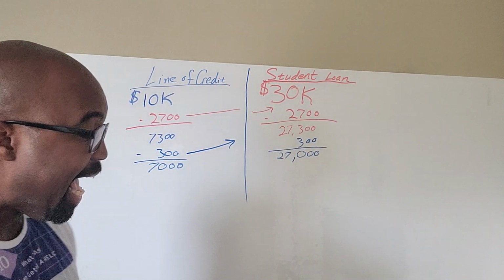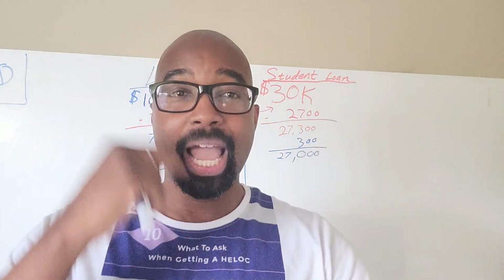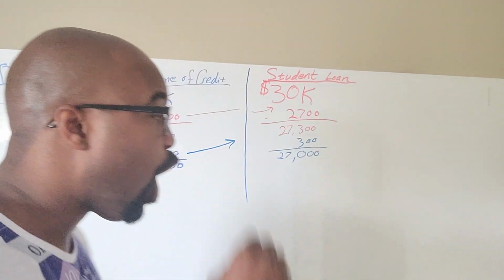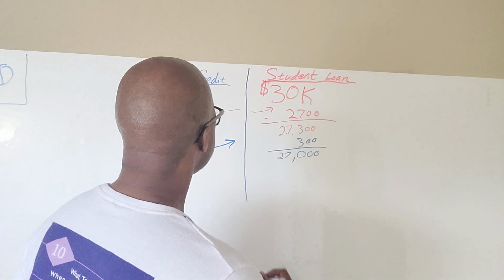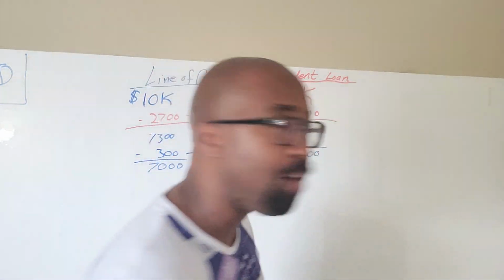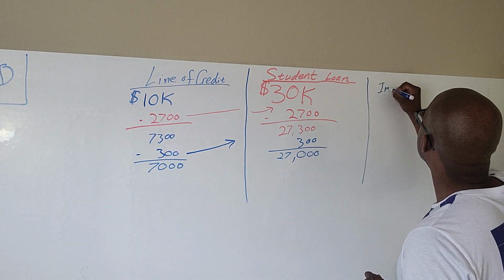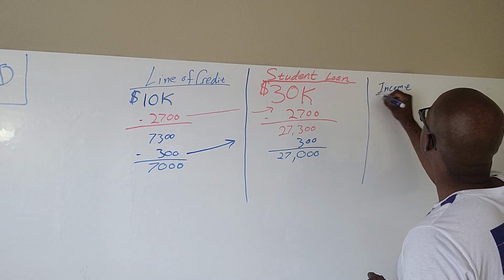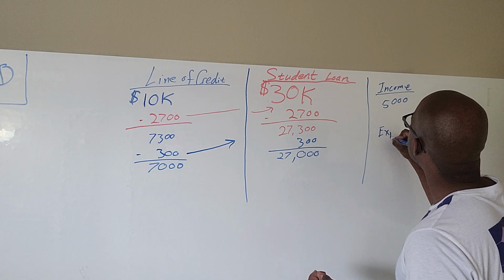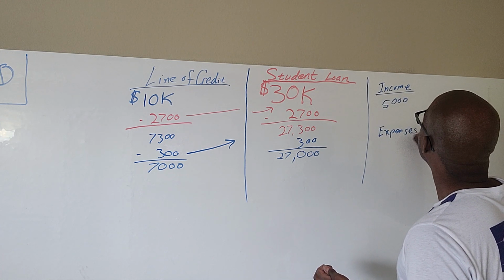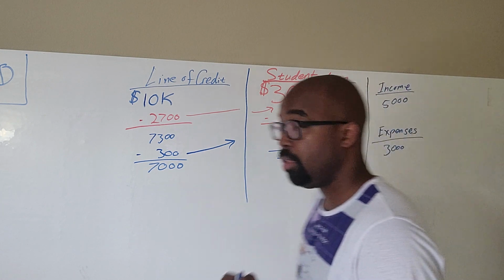This right here. And remember, you get paid. Okay? So as you get paid, let's say you're making $5,000 a month, we'll put that over there. Your income is $5,000 a month. And your expenses are $3,000 each month.